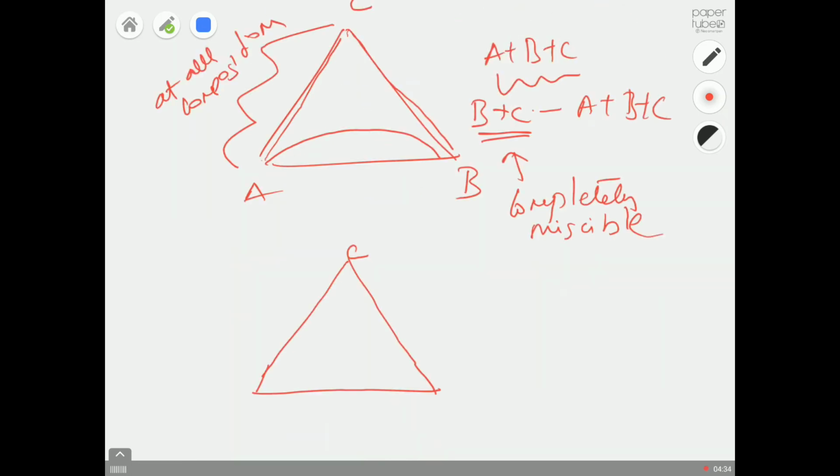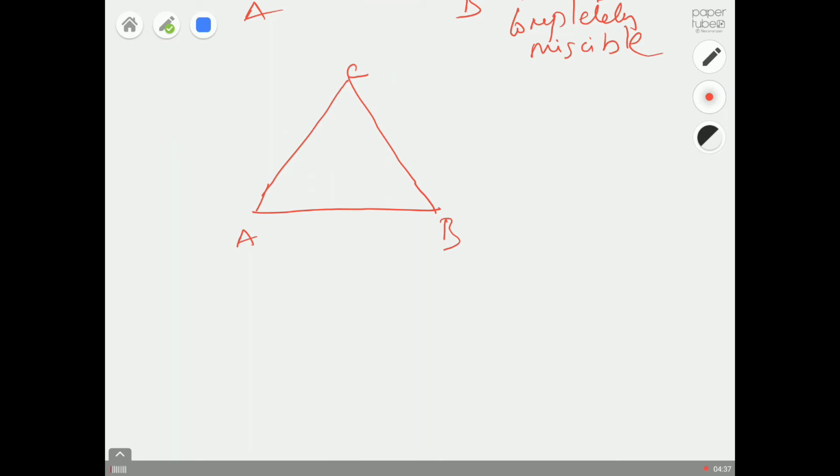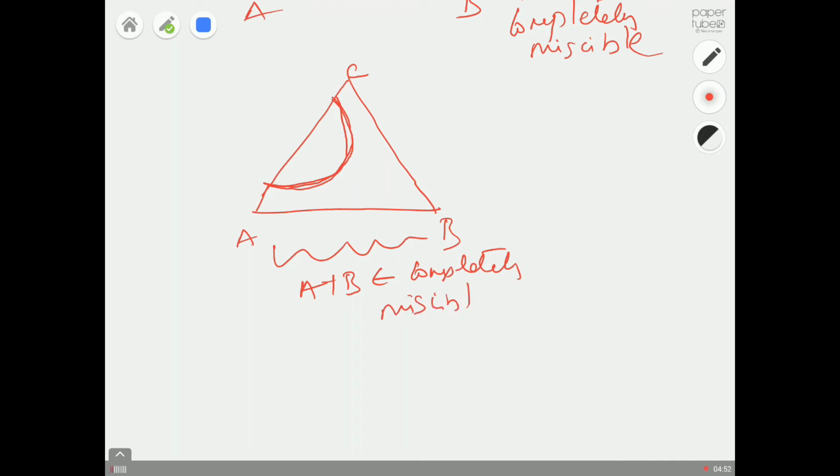Say we did some experiment, and when we try to plot on a ternary diagram, we get something like this. So what does that mean? In this case, A plus B is completely miscible. You will get this type of idea only if you plot different systems and look at the figure, then you will know, okay, this system A plus B is completely miscible, and this is how my ternary diagram is going to look.